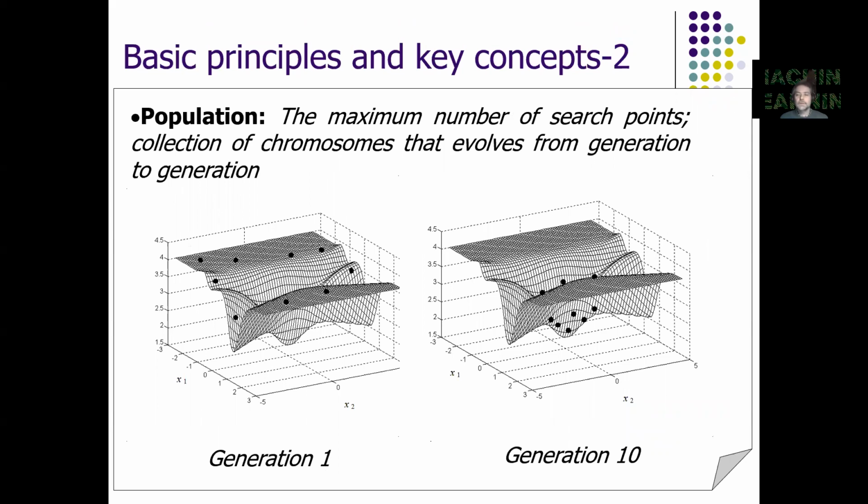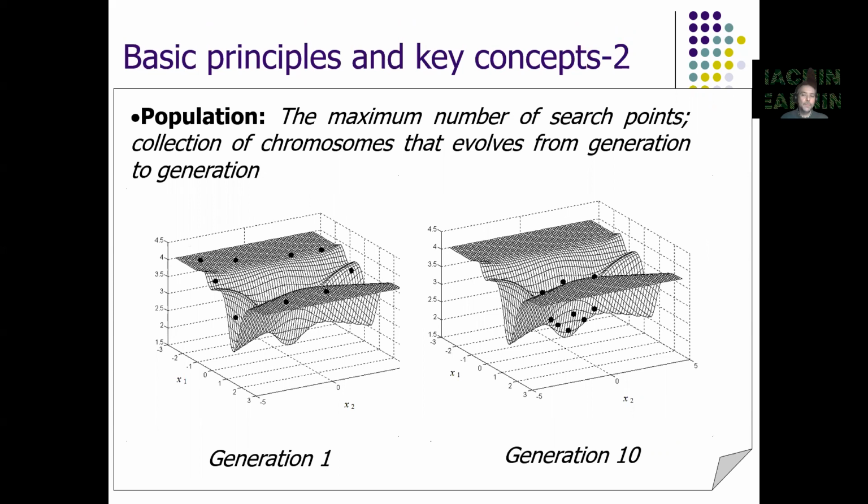So if I have a fitness function, and I have a simple example here in a 3D space, that's an example of a function, then what happens in the first generation is that we generate some members of the population, usually randomly. These are the black dots that you can see on the slide.